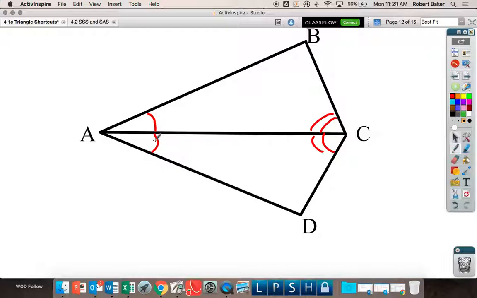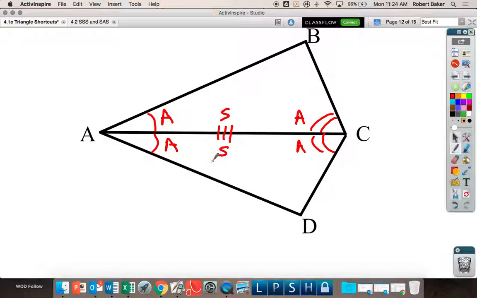what shortcut proves that those two triangles are congruent? Angle side. So I understand that this angle and this angle are congruent. I understand that this angle and this angle are congruent. But where are you getting that side? Right here?